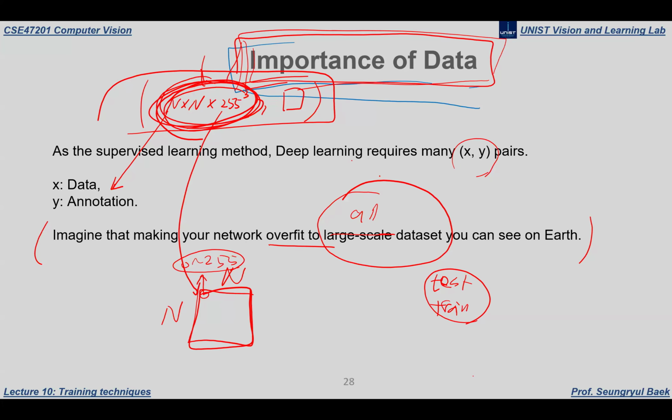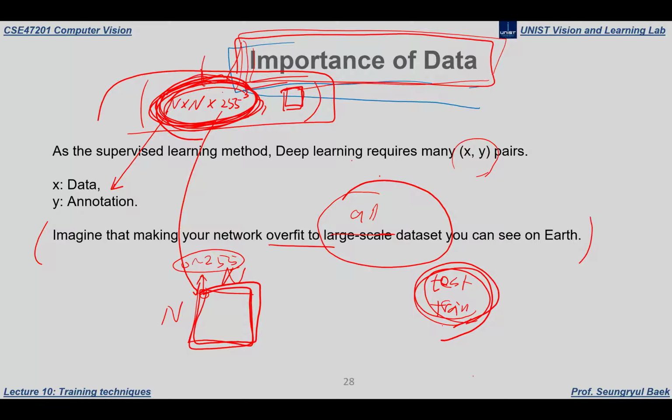I mean, we can provide all the combinations of the pixel values that this two-dimensional array can have, and their Y label, to the network during the training. Then it may cover all the possibilities for testing and training images.